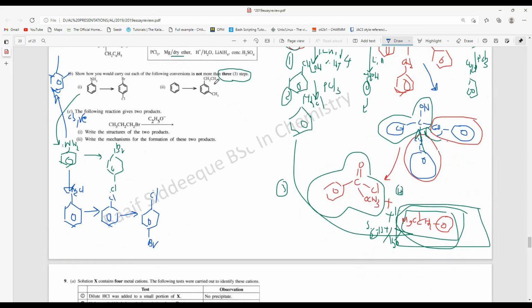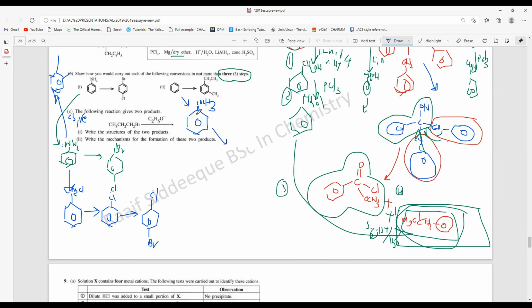Okay, another one. So CH2, CH3, CH3. You have to obtain this one. The easy thing is that you see these two are in meta positions. The first thing that you can do here is to add a meta director and direct the CH3 group there. So the easy thing is to put COCH3, because that would be the easy one as a first step.